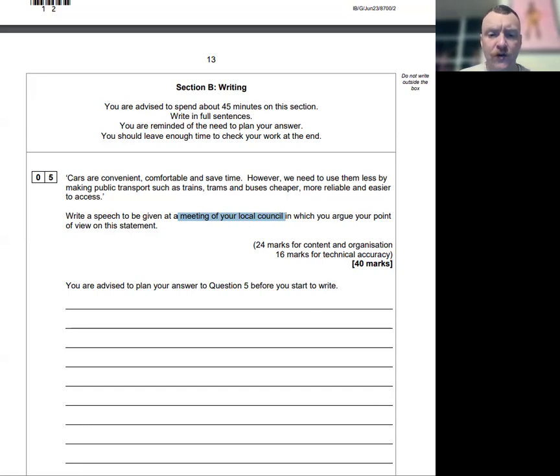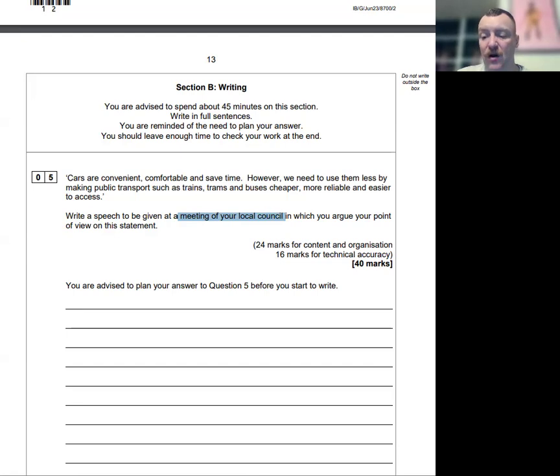They want to hear your views on why people should stop using cars, people should make better use of public transport. But what are we trying to argue our point of view for? What is it we're trying to persuade these people to do? We're trying to convince the councillors to do something, aren't we? Get people off cars. We need to get people to use better public transport.